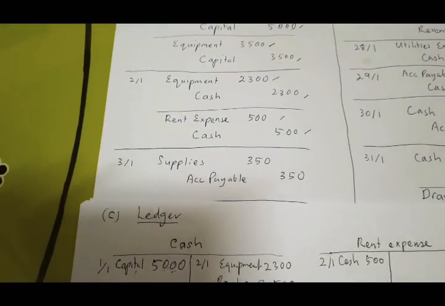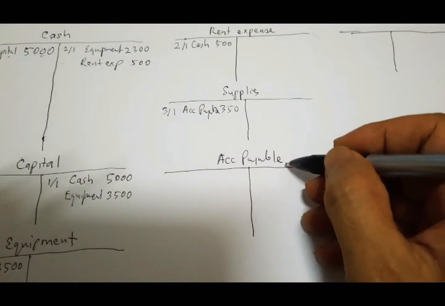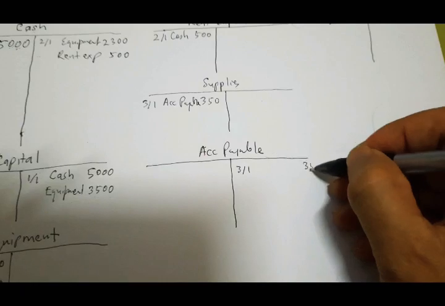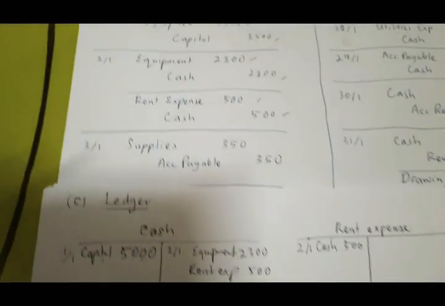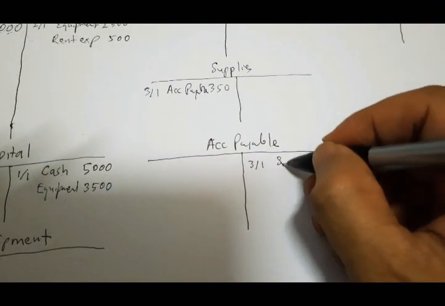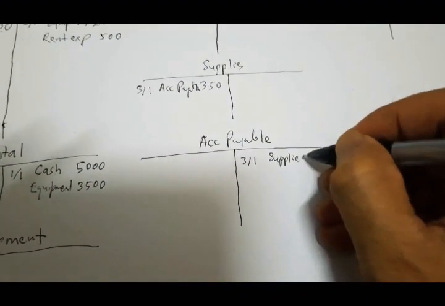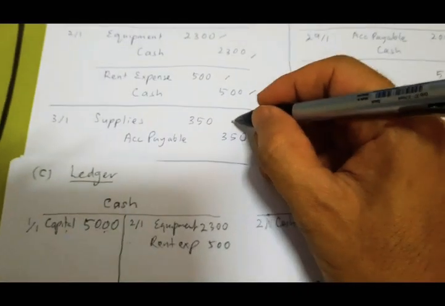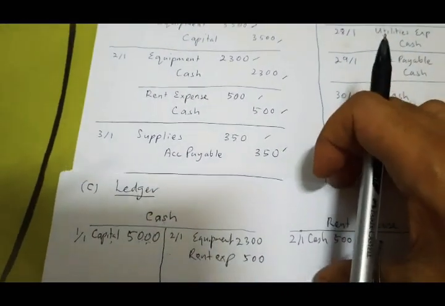So the entry is credit account payable 350. The date is 3rd of January. Credit 350. Refer to which account? Refer to account supplies. So you write supplies here. Okay, this is done. Now you do the next thing.